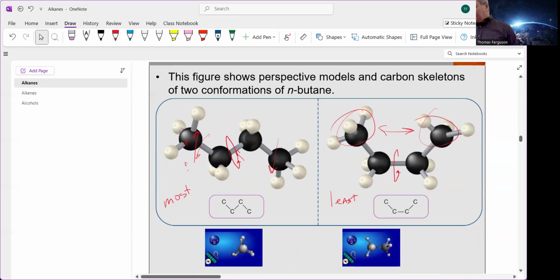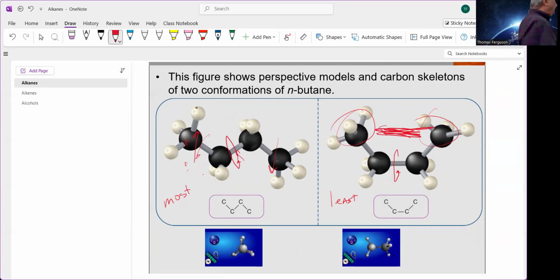These can rotate around, so this would be the least stable because we have the steric hindrance right here, and this would be the most stable. Again, nature likes stability. Nature likes symmetry. Remember those two things, stability and symmetry.